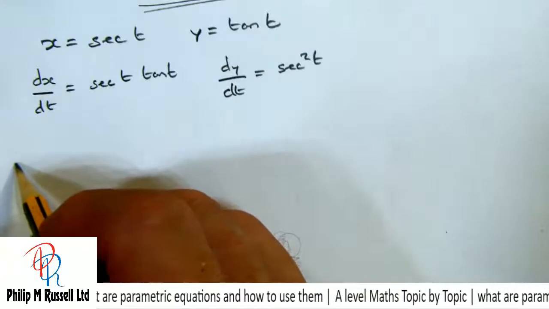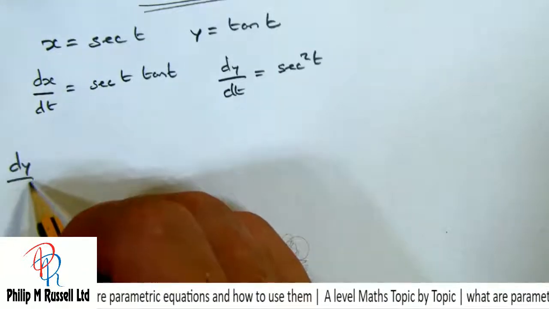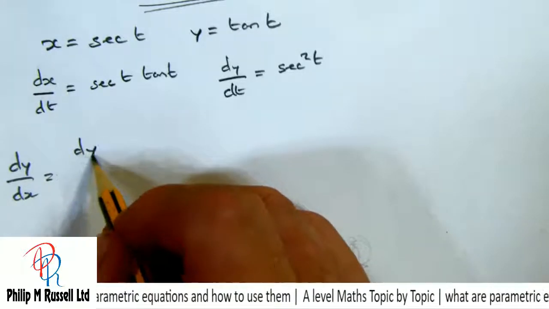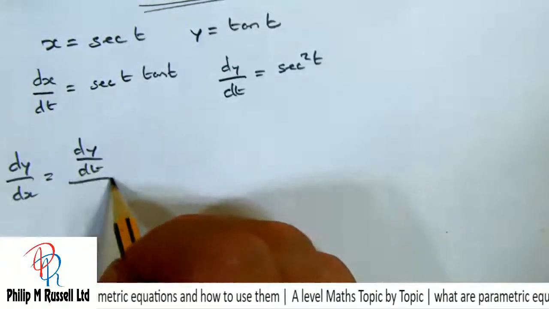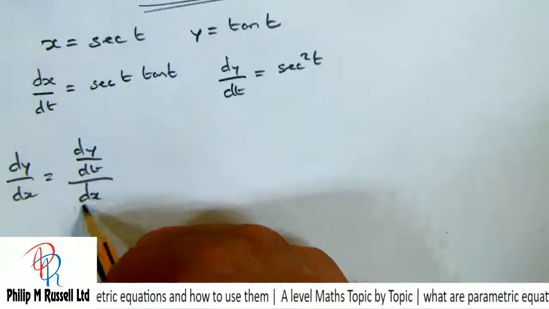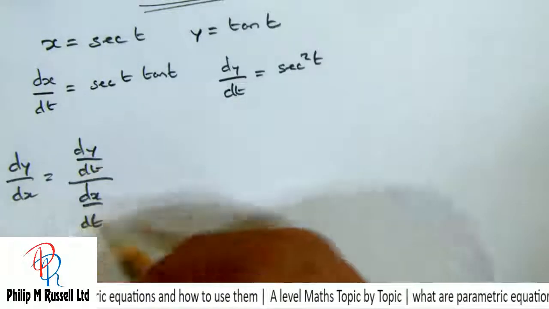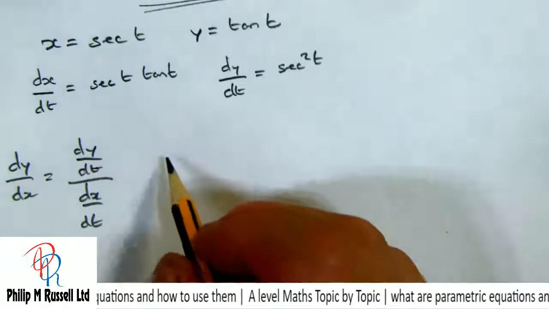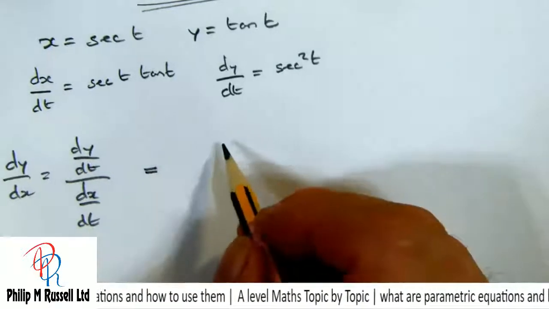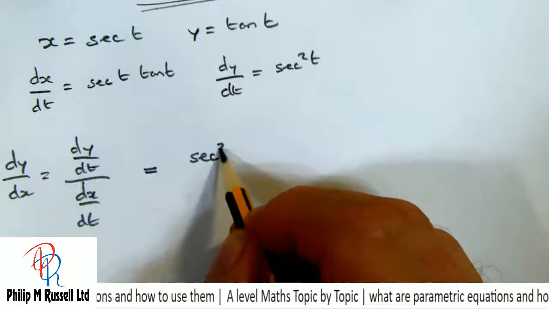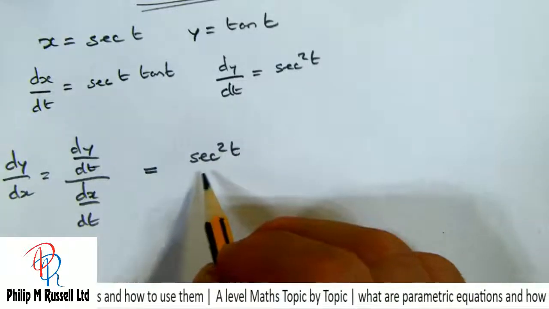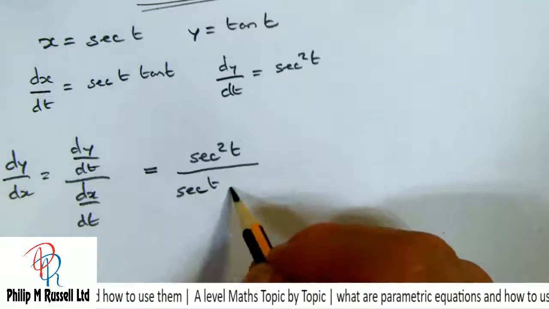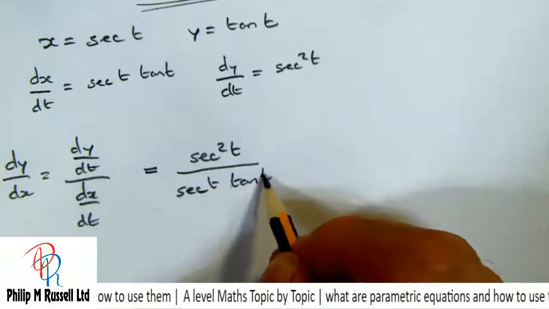Let's put them together. dy by dx is going to be dy by dt all over dx by dt. And I would strongly advise trying to write this down so someone can immediately see what you're doing. And that's going to be sec squared t over sec t tan t.